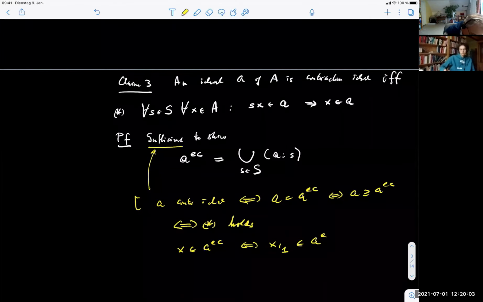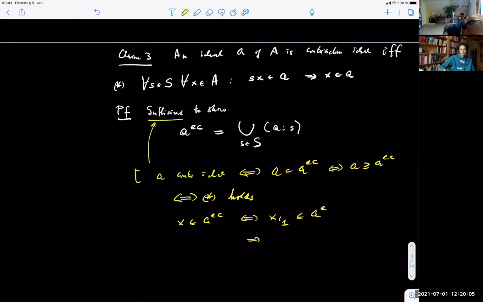And this means there is some S in S such that X is in A contracted.